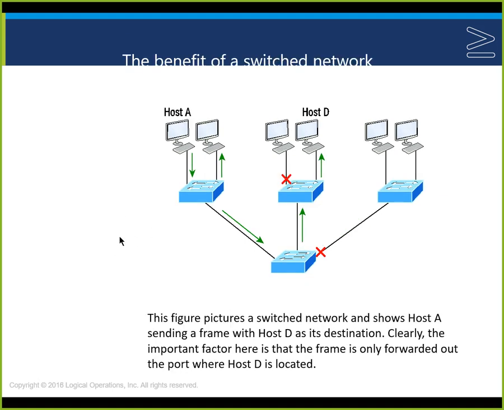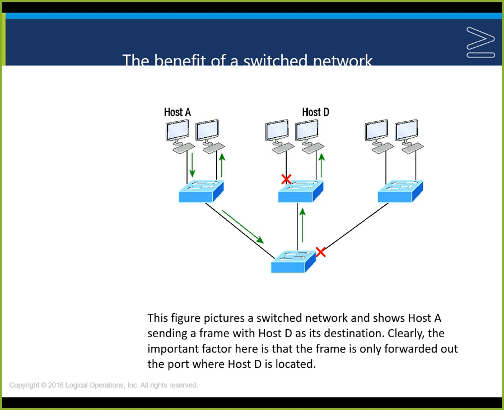The switch network shows host A sending a frame to host D, its destination. We had the MAC address table, and the MAC address table allowed us to send it to the individual device without sending it to all the other devices after the first transmission.